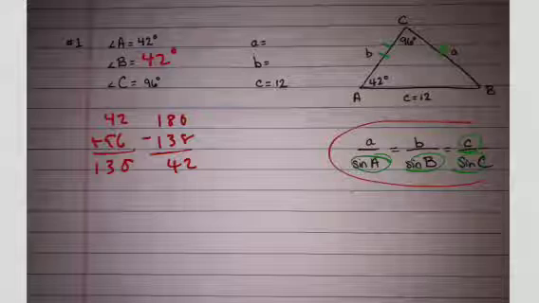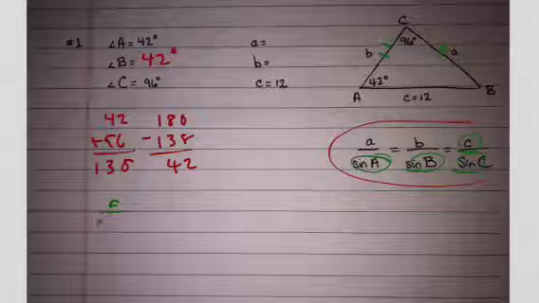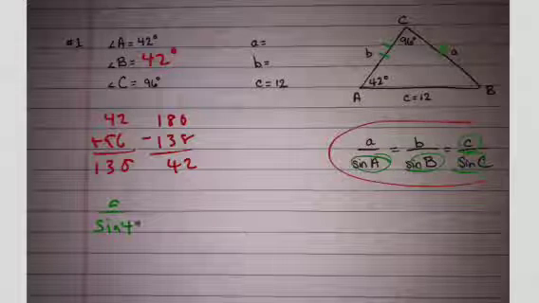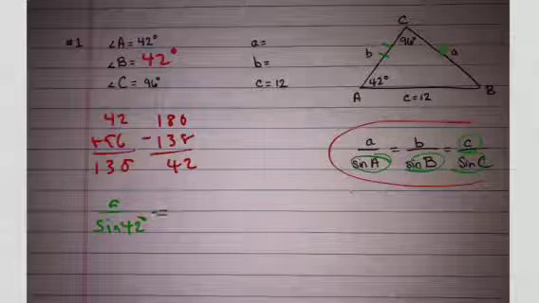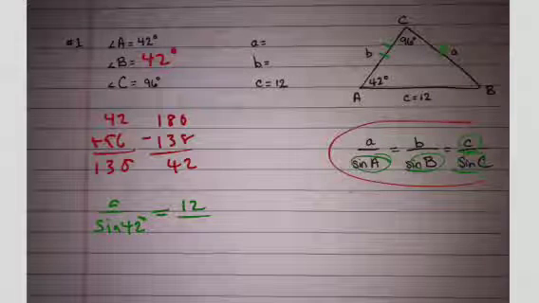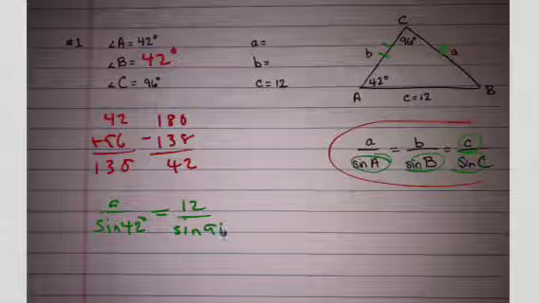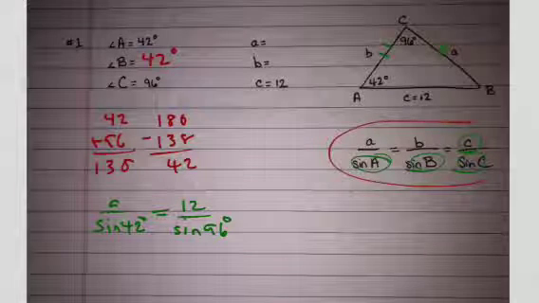So we want to pick which two of the fractions we want to put together. For example, we're looking for A or B. It doesn't matter which one we find first. Let's just find A first. That means A over sine A, and we know angle A is 42 degrees, is equal to C, which we know is 12, all over sine of C, and we know that angle C is 96 degrees. Now we're going to do a little solving here.